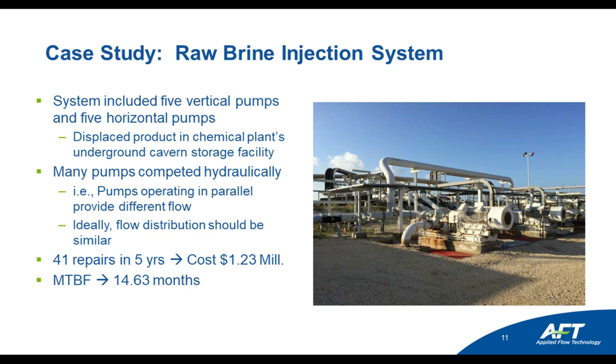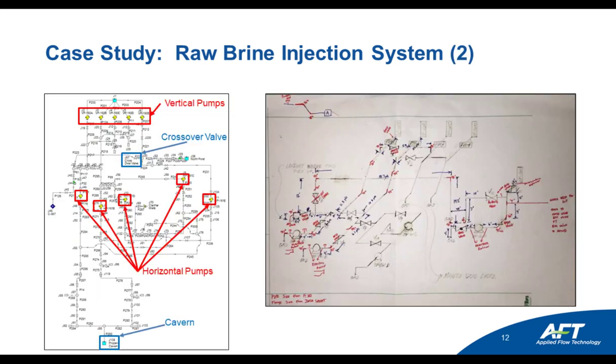The seal wears out, get another seal. It wears out again, get another one. The bearings fail, get more bearings. All sorts of different repairs. And the average time between total failure was just under 15 months. So massive issues were going on with the system.